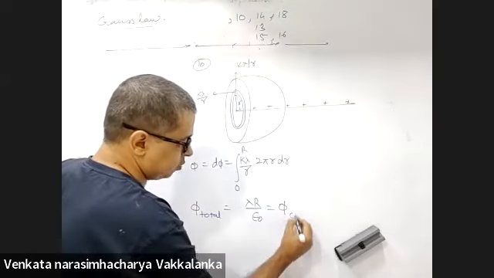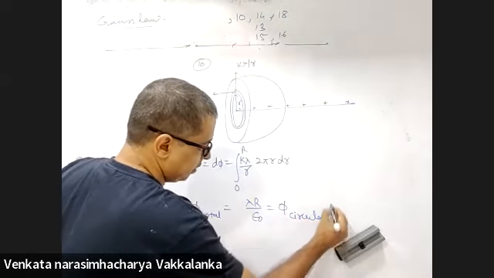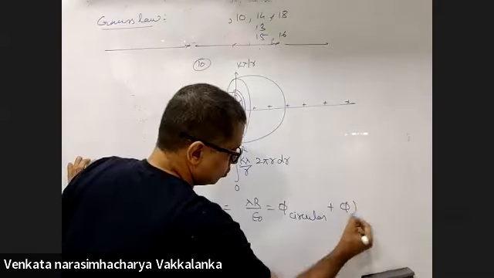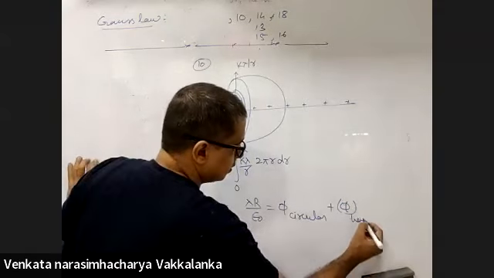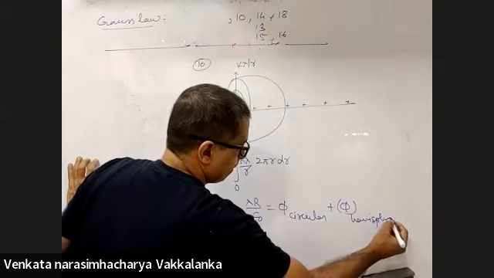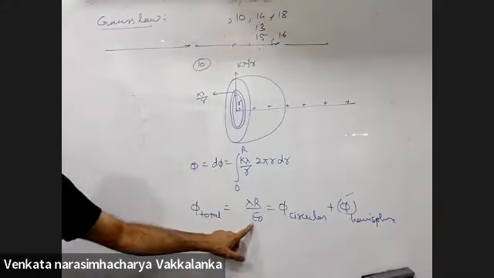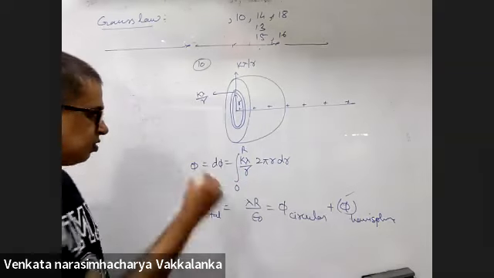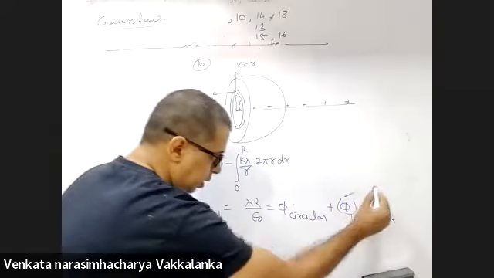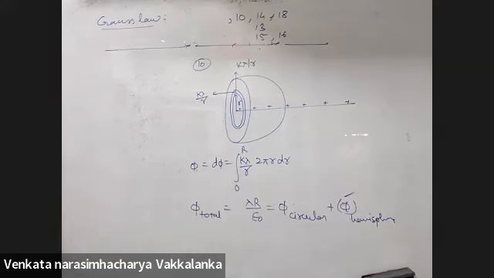This will be the flux through the circular part plus the flux through the hemisphere. You want the flux through the hemisphere. You know the total flux. This flux through the circular part, you substitute here, you will get the flux through the hemisphere.